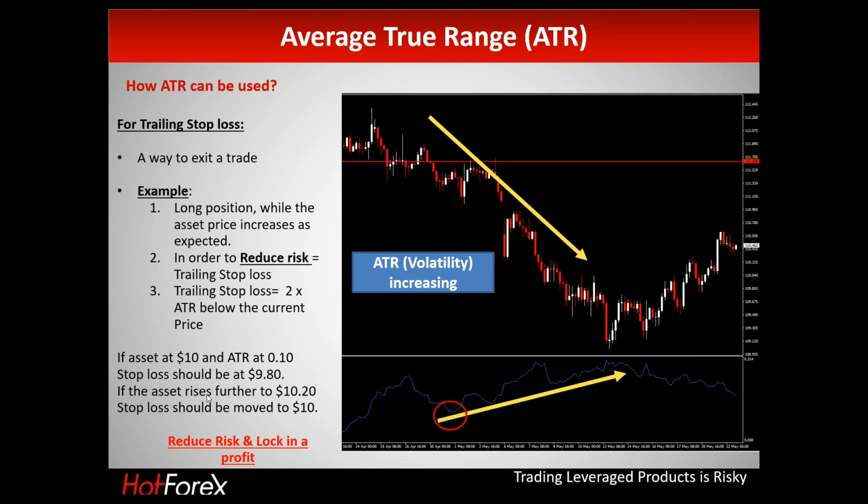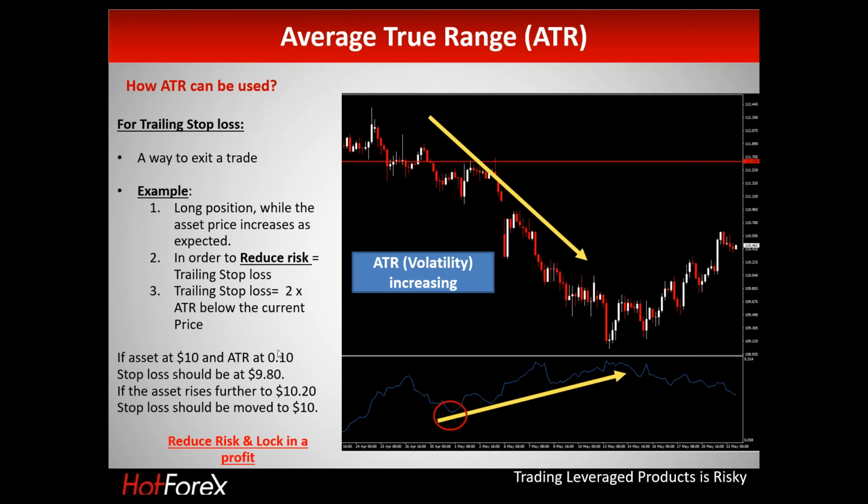So as I was saying, let's take, for example, that we are in a long position, where our price is moving higher, and let's assume that we have entered the market at $10. The ATR is 0.10, so it's like 10 pips.